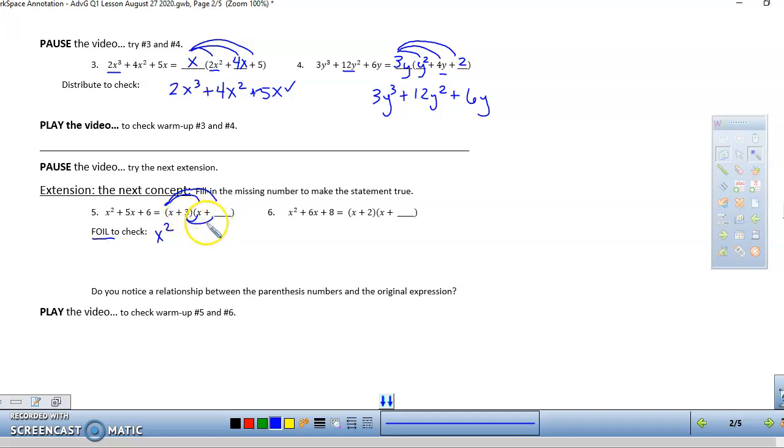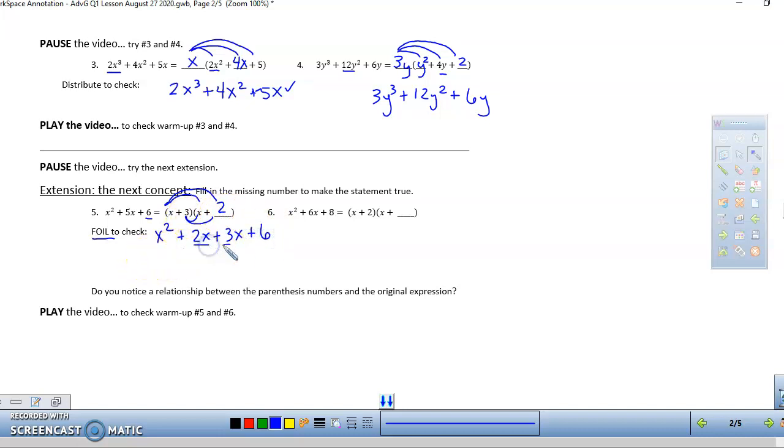Now the last 2 here always got to multiply to the 6, to the last number. So in this case, 3 times this would have to be a 2 to get the 6. But now we're going to obviously check. So x times x is x squared. x times 2, we generally write the 2 first, 2x. 3 times x is 3x, and then 3 times 2, which is 6.